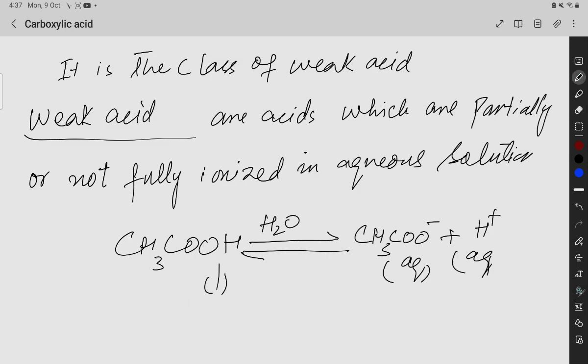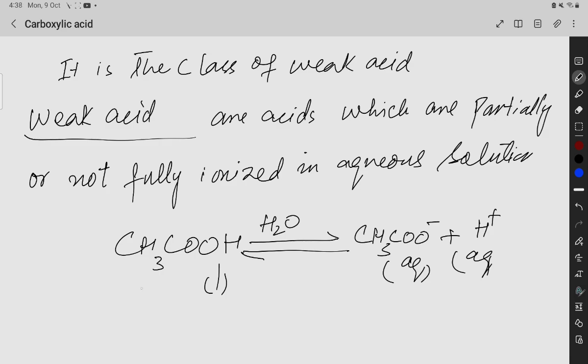because at the same time all three species are present in the solution mixture, so that's why we say that these are the weak acid, partially ionized, ethanoate, and very little amount of ethanoic acid dissociates.